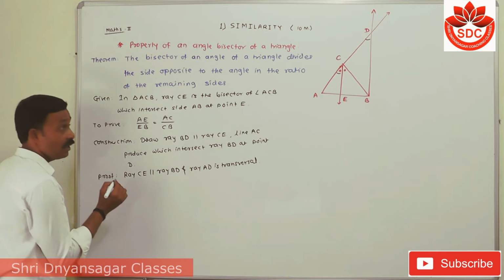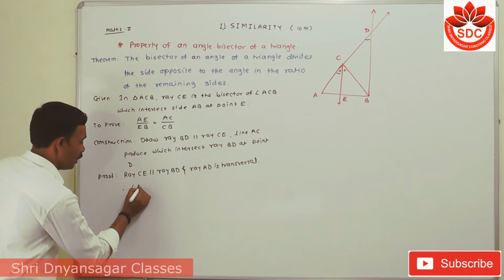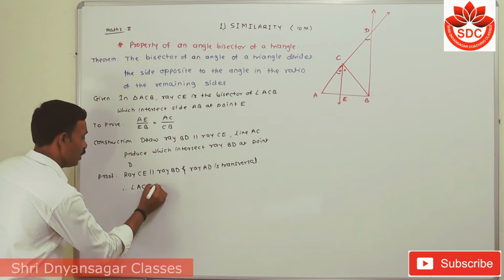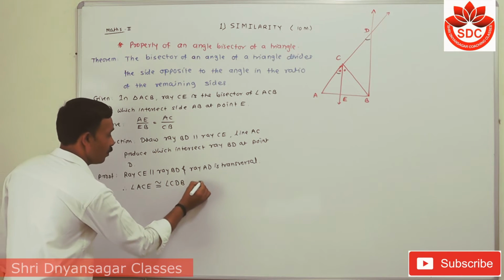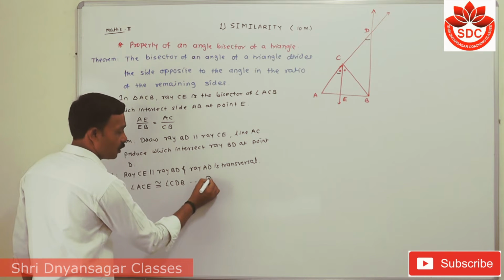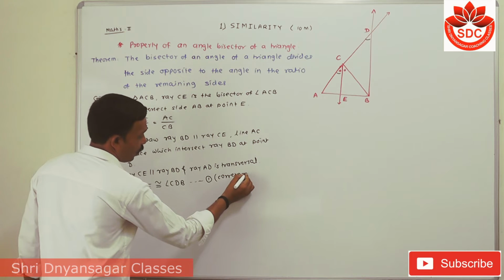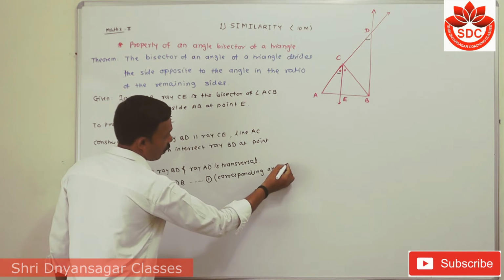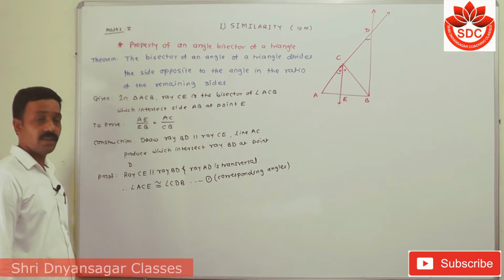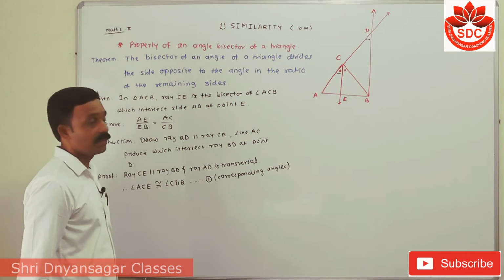Why? By using the corresponding angle test. So angle ACE is congruent with angle CDB. This is equation first. The reason is corresponding angles of parallel lines.